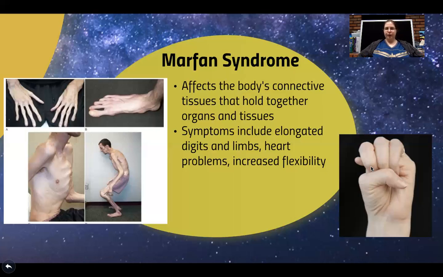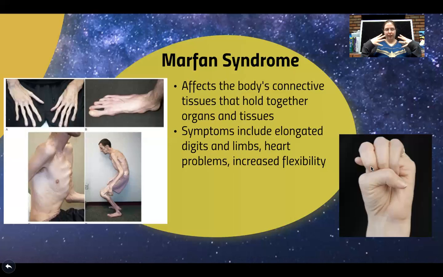And this might sound cool in terms of, hey, you got longer limbs and you got increased flexibility. Yeah, but like we already said, it can affect the strength of it. The collagen has a very delicate balance of flexibility and strength and stability. If you're too flexible, it loses that strength, which is why there's oftentimes heart problems. There's a lot of collagen around your heart because it has to beat and flex.